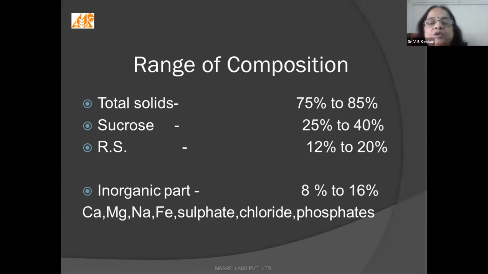So this is the range of composition. The total solids or brix is 75% to 85%, sucrose 25% to 40%, and reducing sugars 12% to 20%. The inorganic part of molasses is from 8% to 16%, and it contains cations like calcium, magnesium, sodium, iron, and anions like sulfate, chlorides, phosphates, silicates.